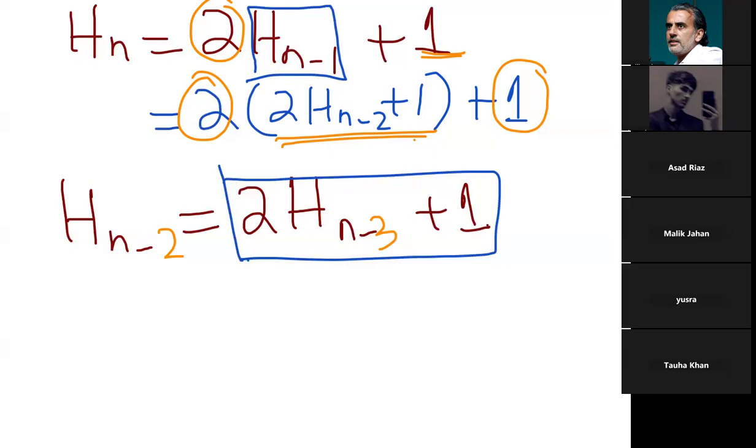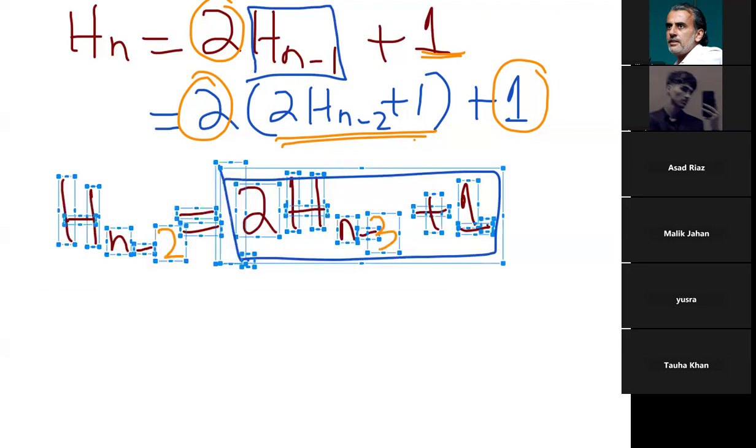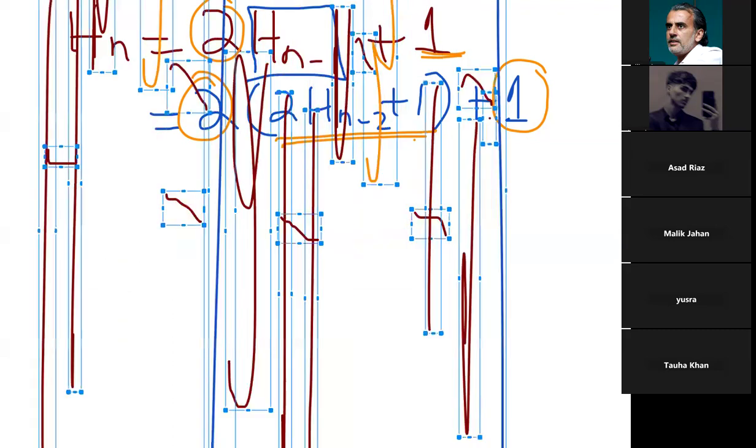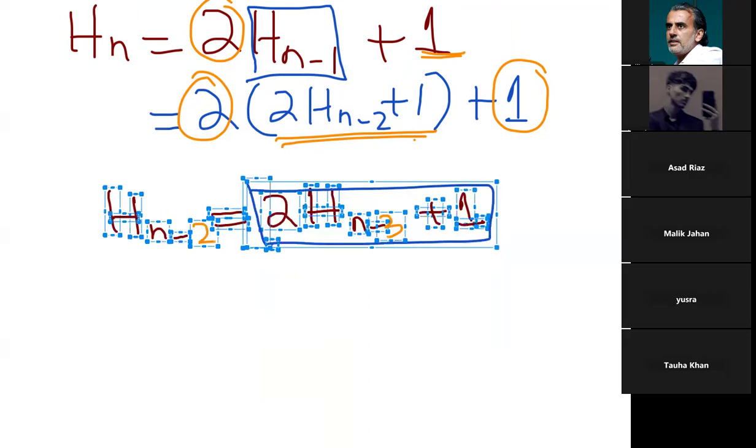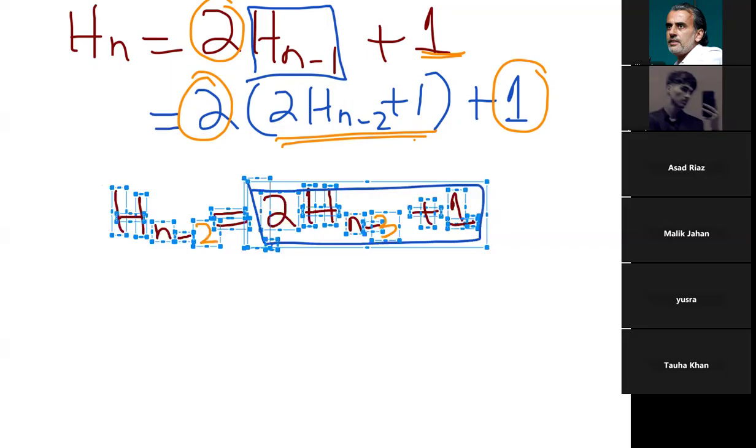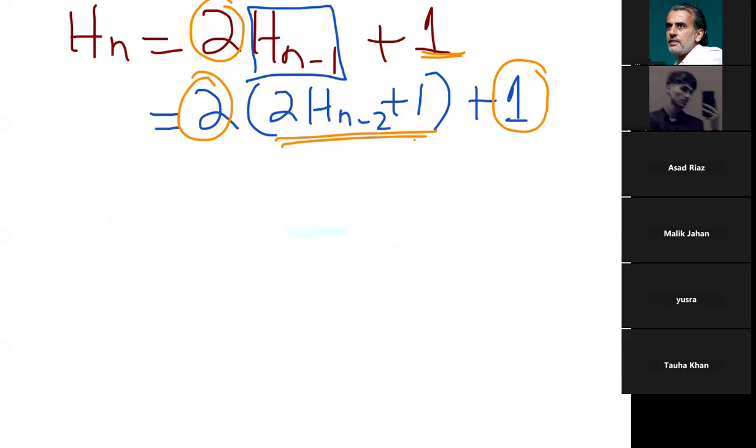Before I plug it in over there, let me try to simplify the first one a little more. If we open up the upper expression, that looks like 2 times 2hn minus 2 plus 2 plus 1.